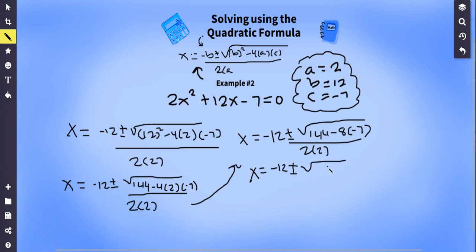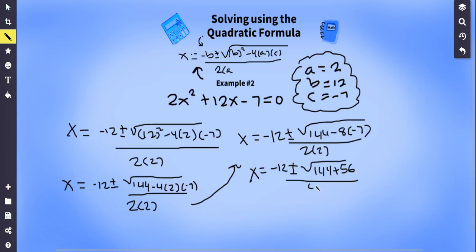And finally, we have negative 12 plus or minus the square root. So 8 times negative 7 is negative 56. And we're subtracting a negative 56, so if there's two negatives, it turns positive. So we'll have 144 plus 56 over 2 times 2, which is 4.